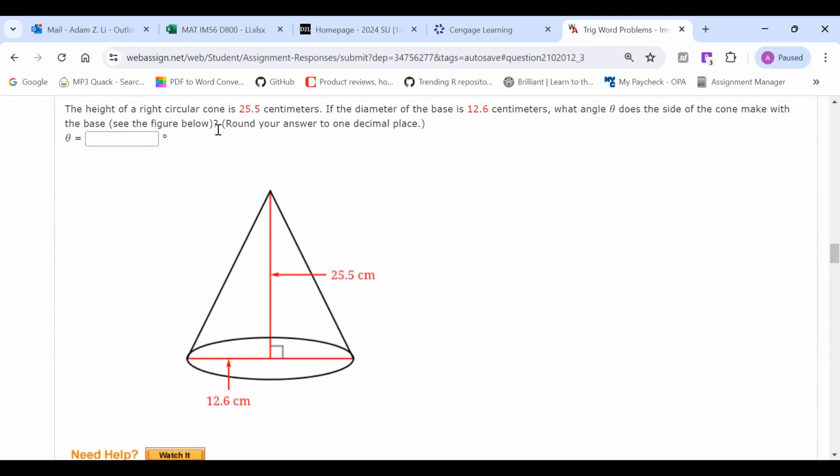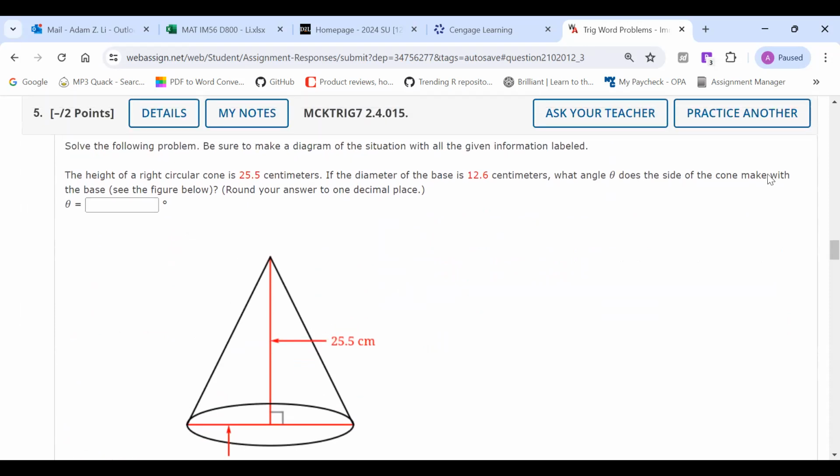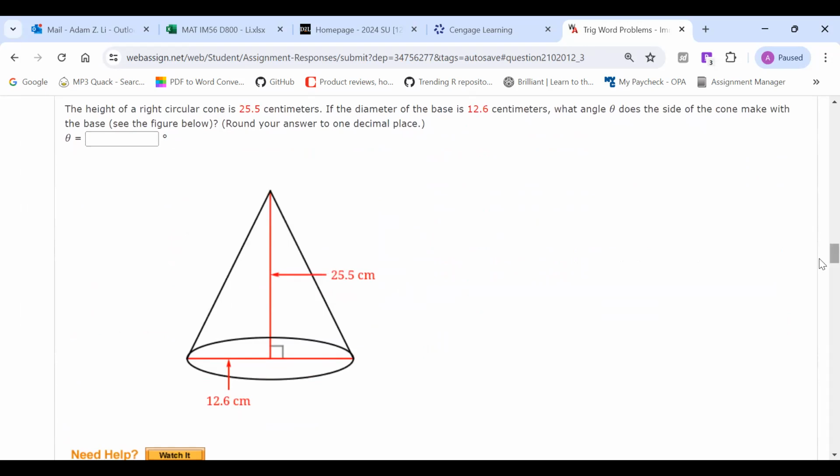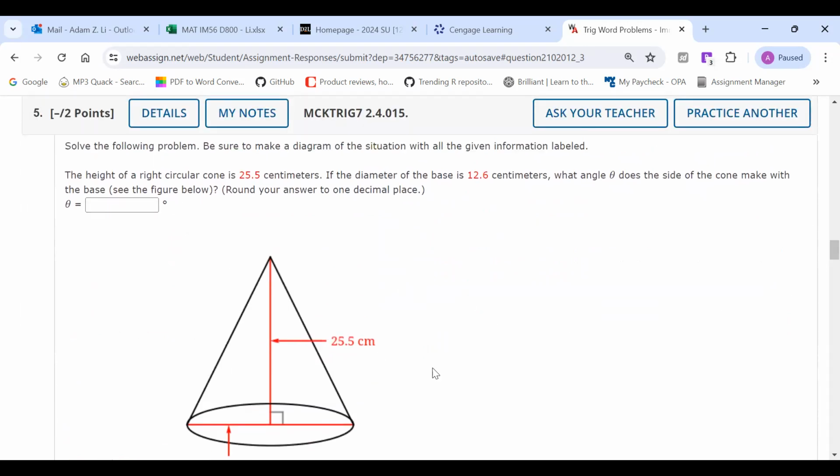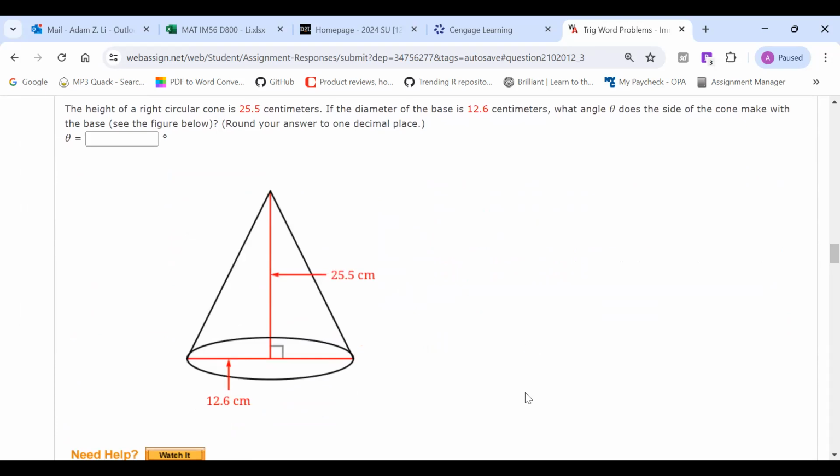Okay. Now let's take a look at this. The height of the right circular cone is 25 centimeters, right? If the diameter of the base is 12.6 centimeters, what angle theta does the side of the cone make with the base? See the figure below. Okay, I'll let you try it really quickly. This is a pretty interesting question.